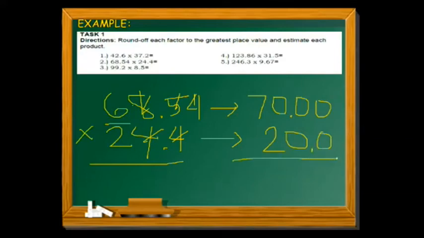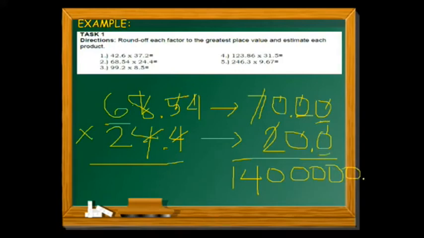And multiply. Since 0 siya, in shortcut, we will just multiply the whole number. 7 times 2, it becomes 14. And we will count the number of zeros. 1, 2, 3, 4, 5. And then we will count the number of decimal places. 1, 2, 3.